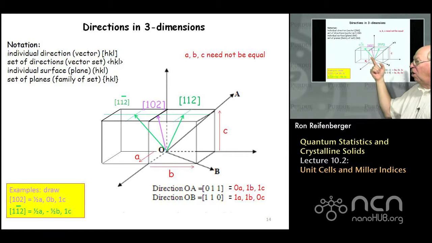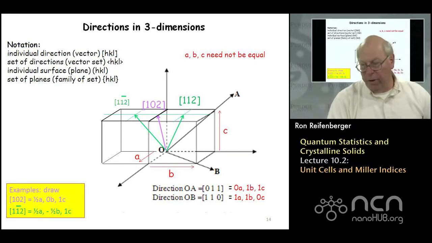These directions are always perpendicular to the plane that has the same Miller indices. So for instance, this [102] direction is perpendicular to a plane that has the (102) Miller indices, right? And this just tries to bring that point home.